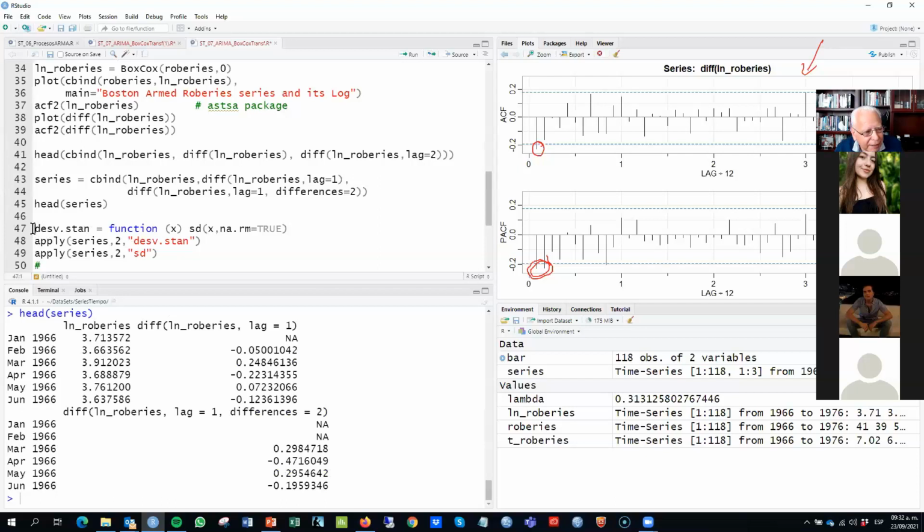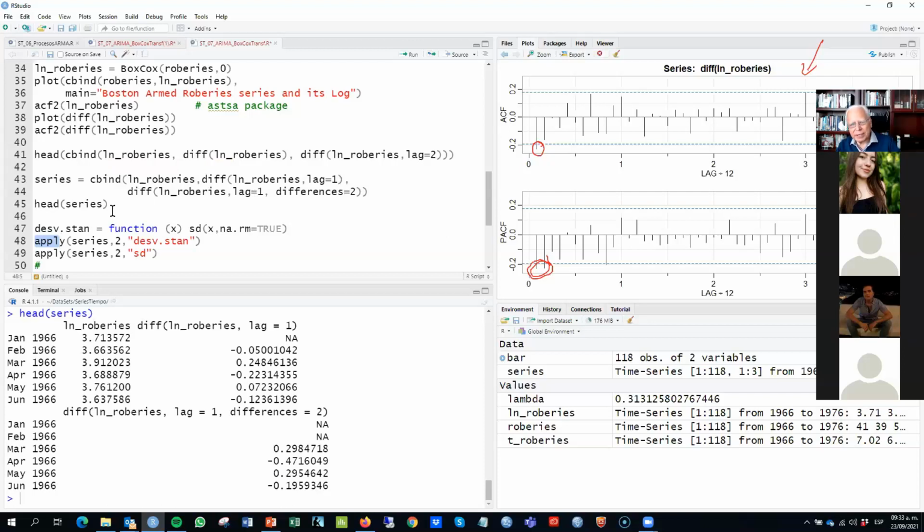And I included this function here because if I want to look at the 3 standard deviations, I can use the function apply. I put all the series in a single data frame first. So I did a cbind, a column bind, of the log of the series, the difference of the log of the series, and the second difference of the log of the series.